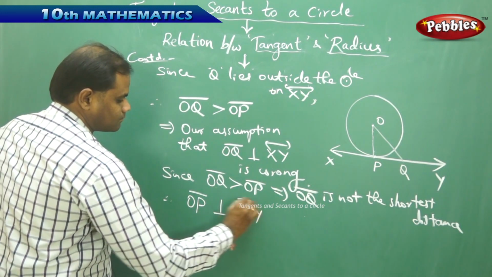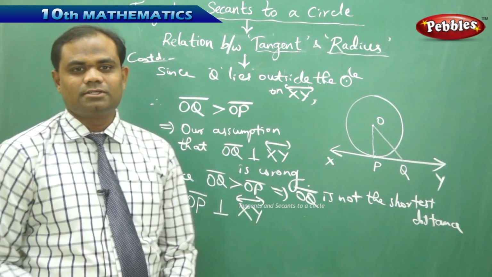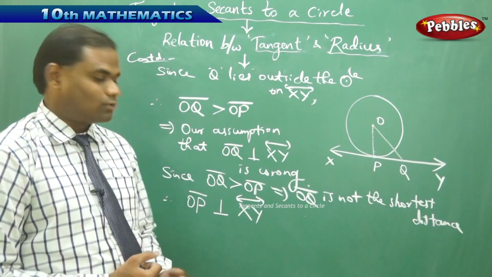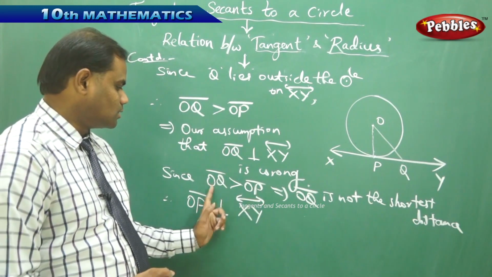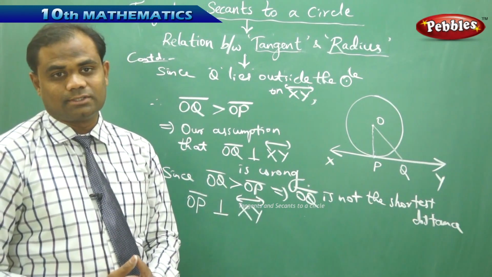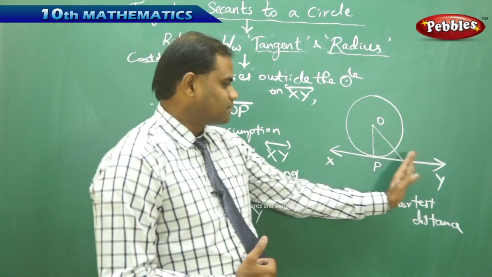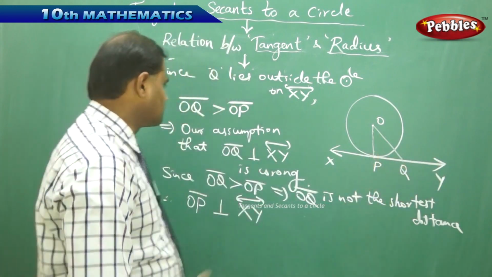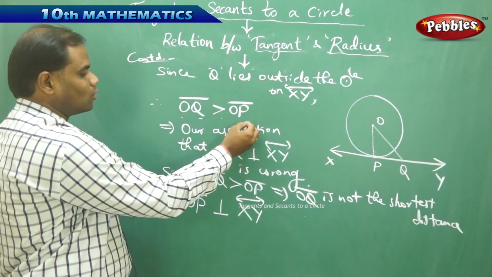perpendicular to XY. This is how we get the radius perpendicular to tangent. Therefore, OP must be perpendicular, because OQ is not the shortest distance. If you take any point other than P, it lies outside, and therefore that point makes OQ greater than OP.